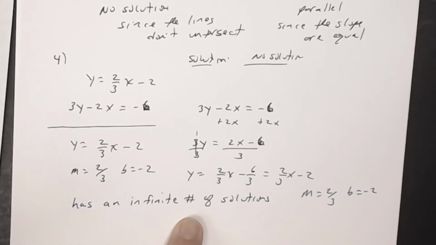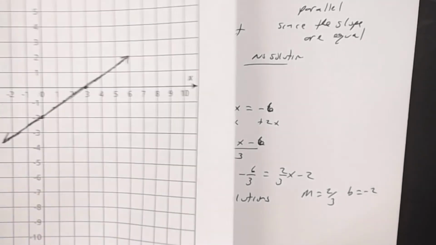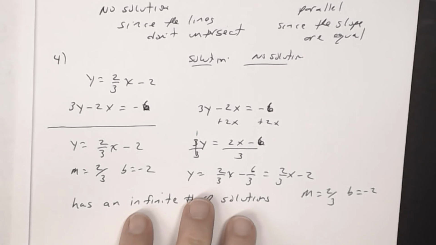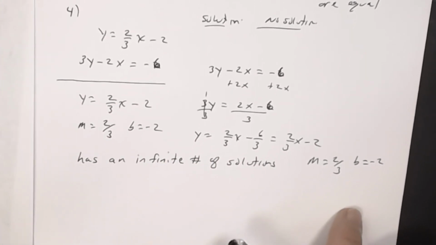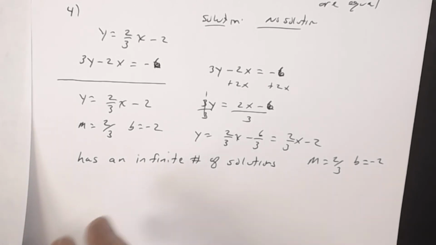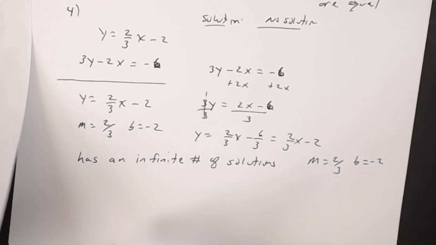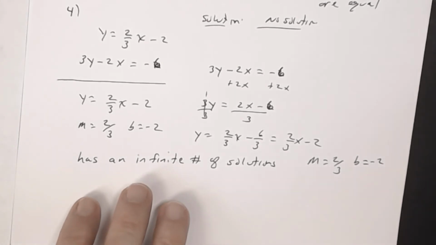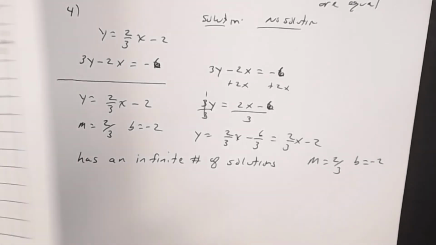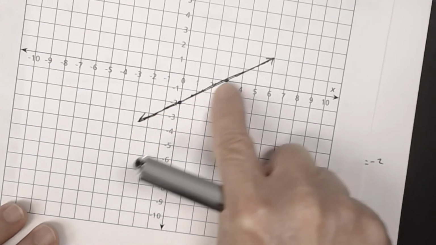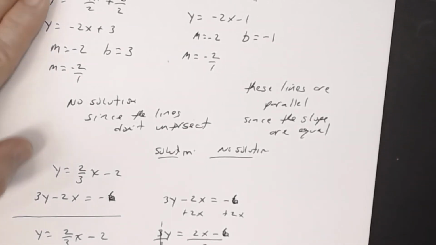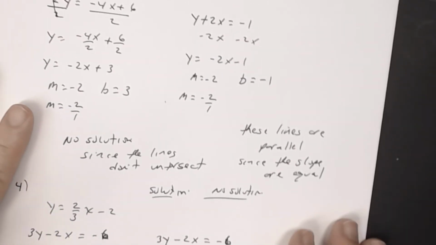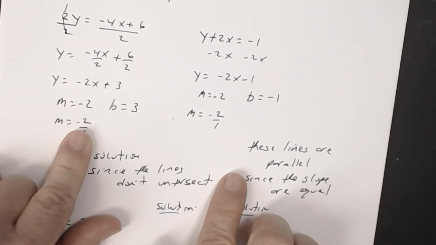Okay, now remember that this system has solutions, right? How many does it have? An infinite number. Now in another lesson, you're going to learn how to write those solutions. But for right now, I just want you to know that this system has an infinite number of solutions. So I want you to notice something in number 3 and number 4. In number 3, the slopes are the same, correct?